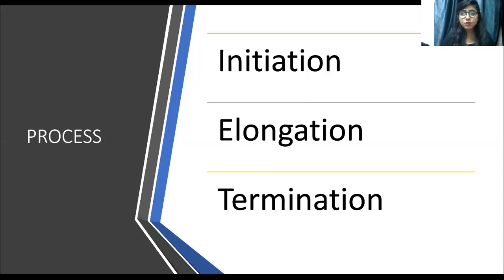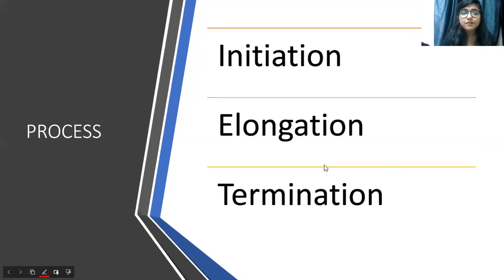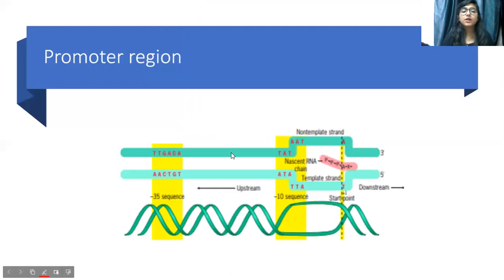And before coming to the process directly, I want you to know some important topics regarding this. So I have discussed the promoter region, right? In the previous video, I discussed that the promoter region is the first region which the transcription apparatus recognizes and then binds to. So there are some important points which you should know about a promoter region.